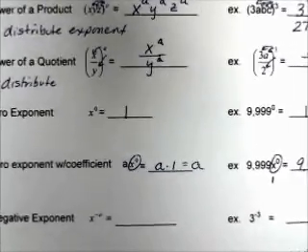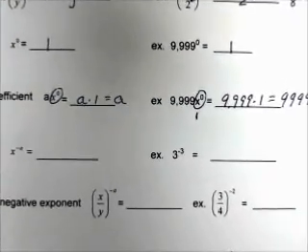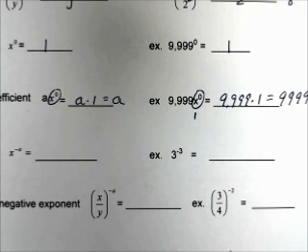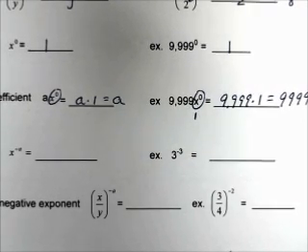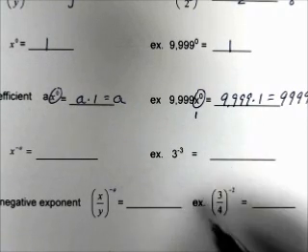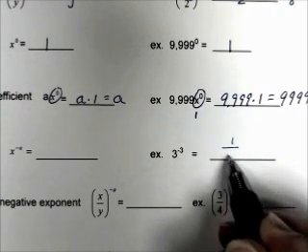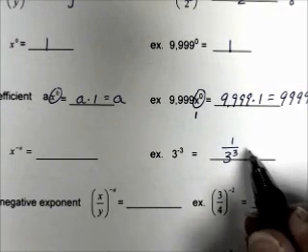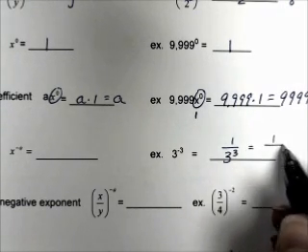When we have a negative exponent, all right, if I look at the example 3 to the negative 3, whenever you have a negative exponent, one way of taking care of the negative is to write it as 1 over 3 to the positive 3. And then 3 to the positive 3 is 27.